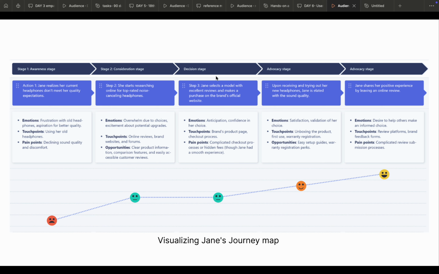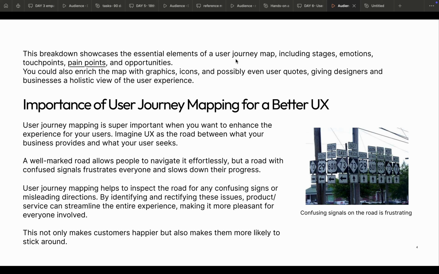That is how the elements are broken down in user journey mapping. And we can also add some icons or user quotes in the user journey map itself. It's not necessary that we need to have the same kind of emojis. It can also be different. The layout can be different, the template can be different. There is no issue with that. We'll also understand why it is important to have a user journey map.